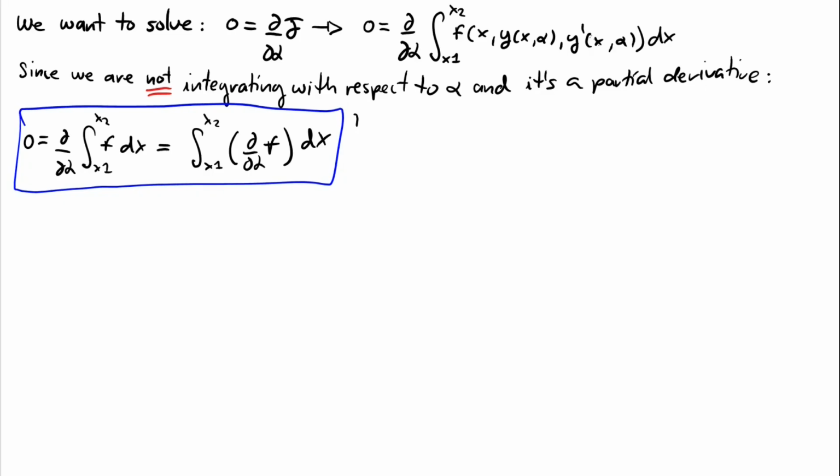We now use the chain rule, considering that x is the independent variable. We also notice that y of x and y prime of x are the functional variables, so that the chain rule can be applied to both variables.